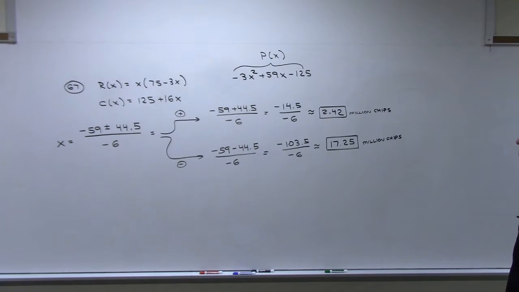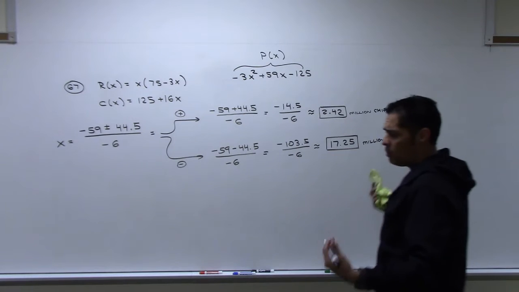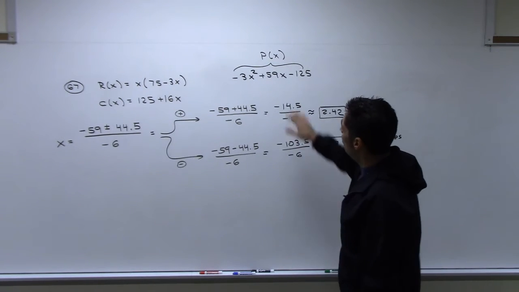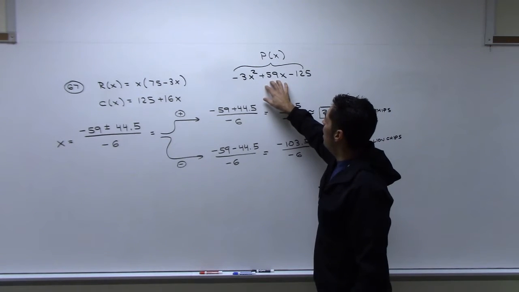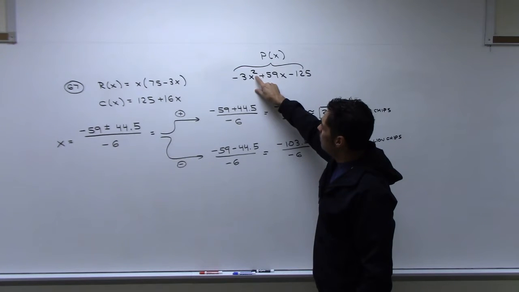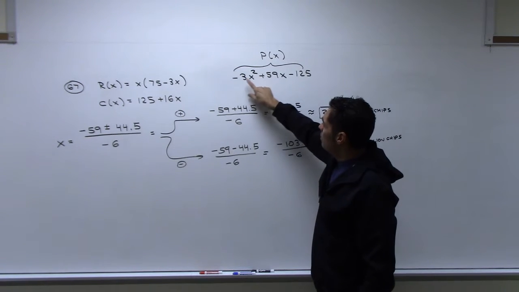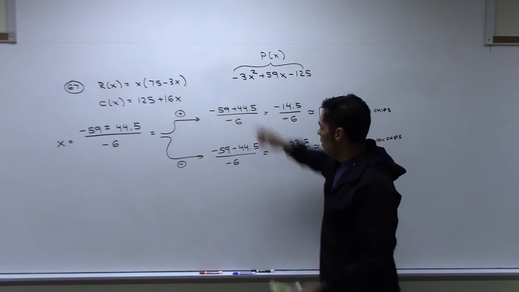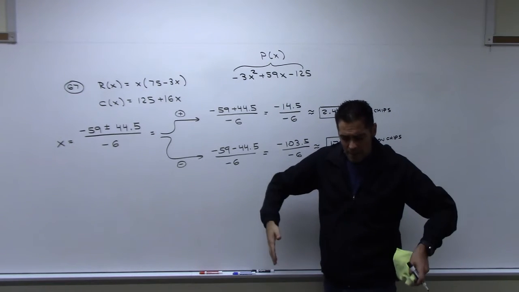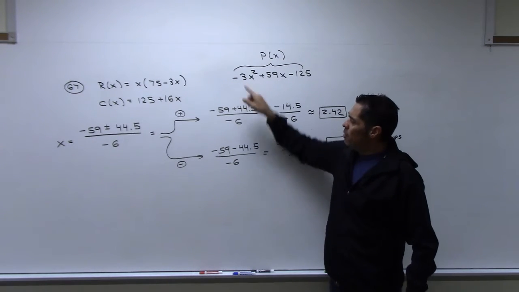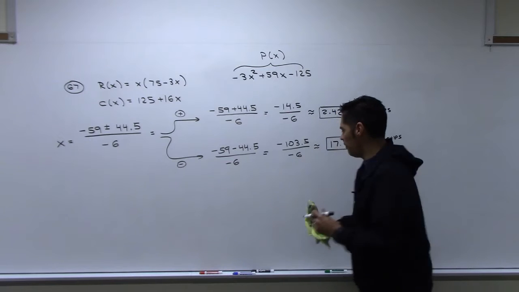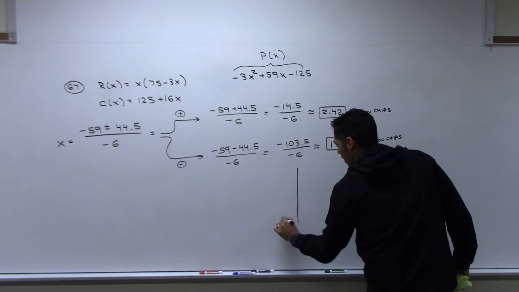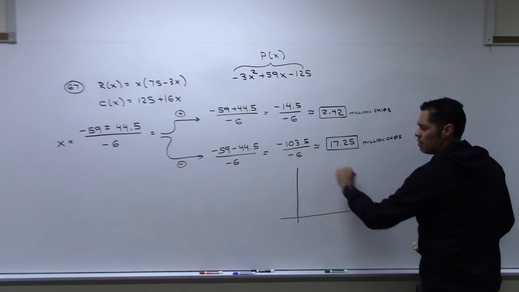So we want to know in part C, when will we have profit, when will we have loss? So we have to know a little bit about what this function looks like. It is a quadratic function because it has x squared, and the coefficient is negative. Now we know parabolas either open up or down. This negative number in front tells us it opens down. So if I were to graph this right now, I know that it goes like this.